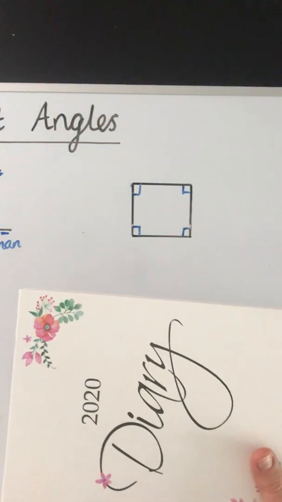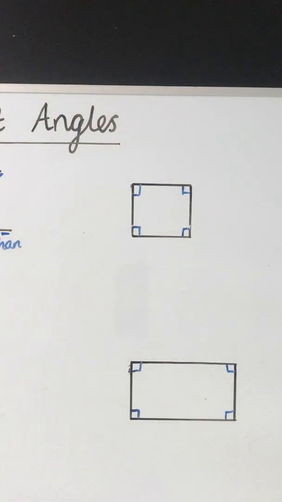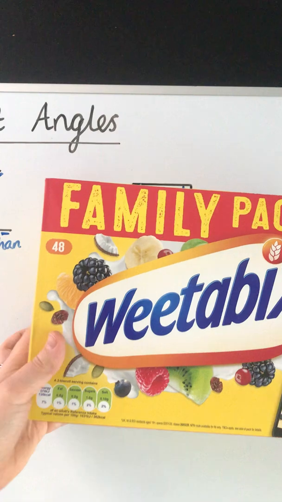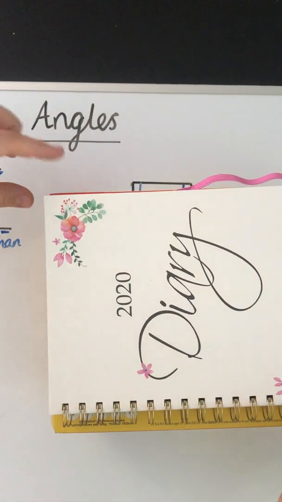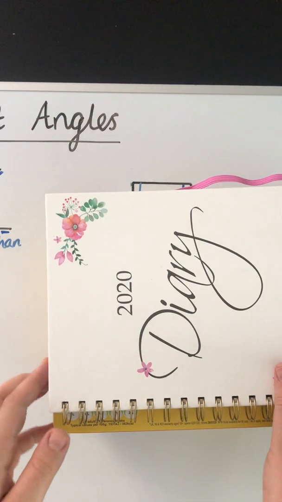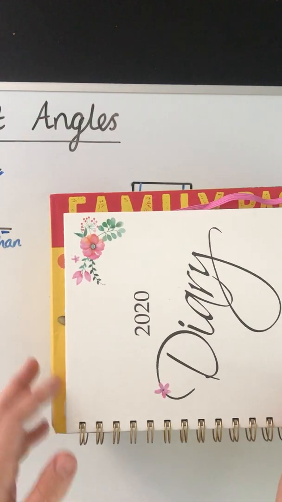Okay, so for example, if I picked up my Weetabix box and said, I wonder if I've got any right angles in here, I can check whether the corners are the same, okay?